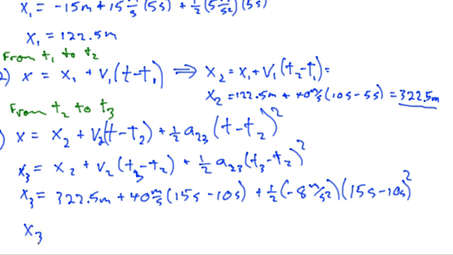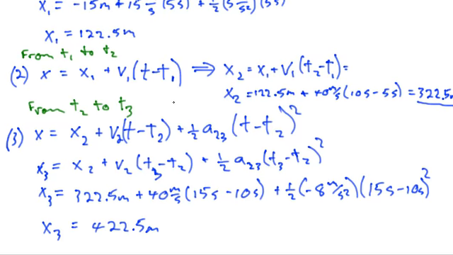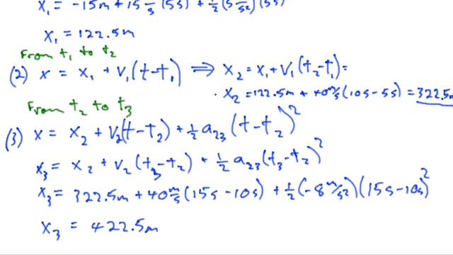And I evaluate that, I get 422.5 meters. So again, that'll just be a check on the graph. It should wind up at 422.5 meters, not 0 like I said a few seconds ago. That was just wrong.